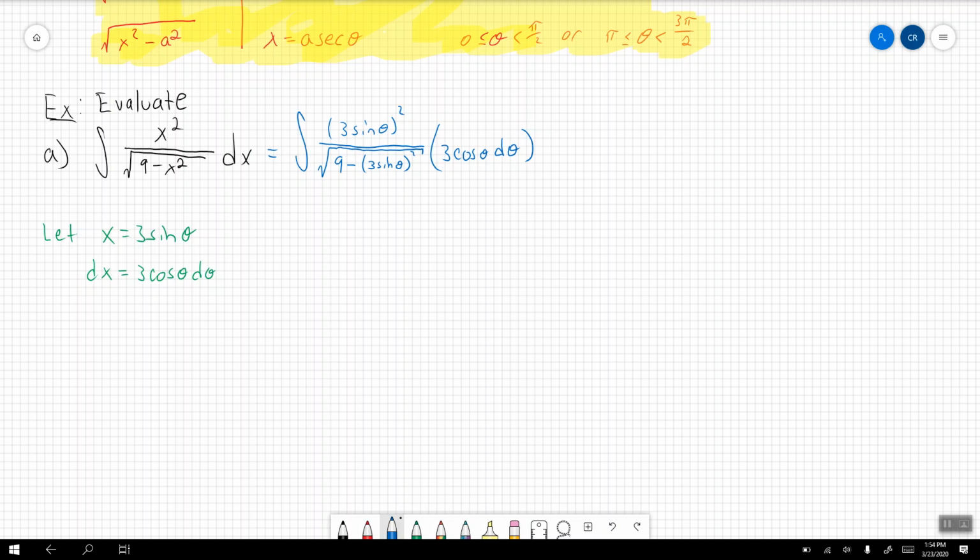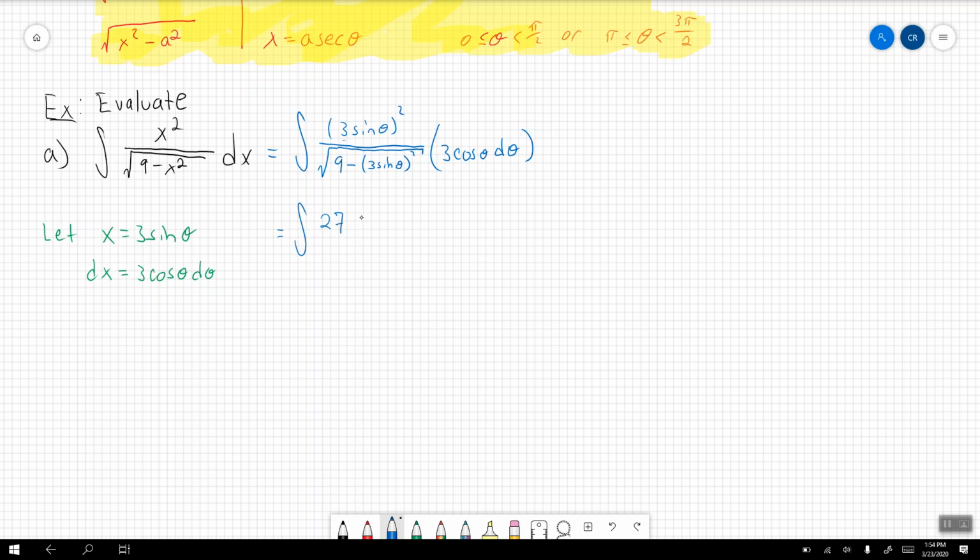It's going to be very, very crucial that we always consider the dx to be based upon the substitution that we made. Now, moving through this whole process. In the numerator, we're now going to have 3 squared, that's going to be 9, times another 3, that's going to be 27.